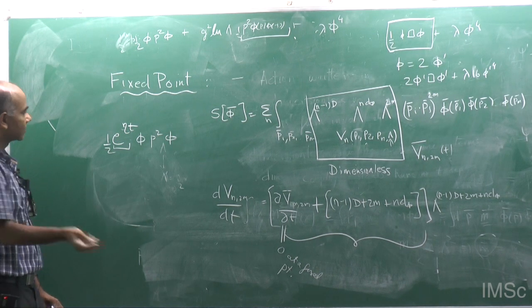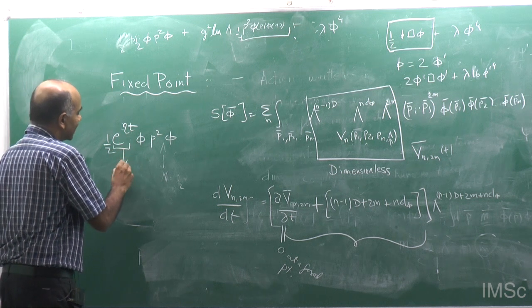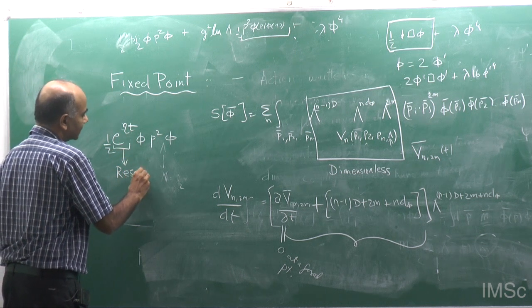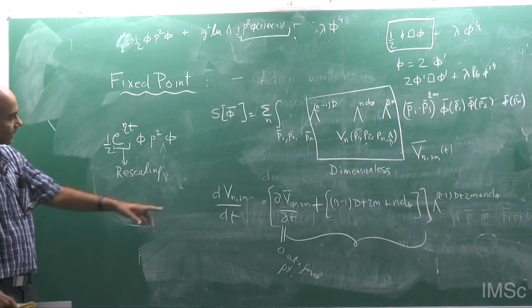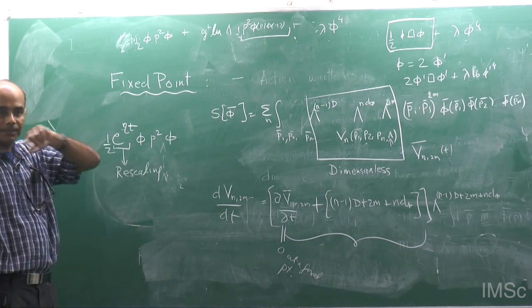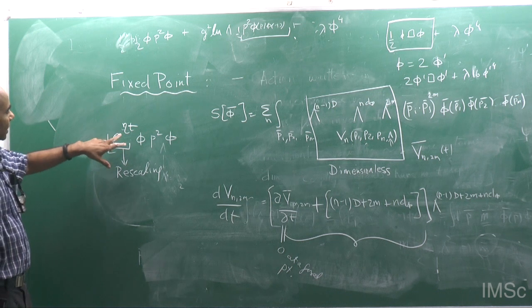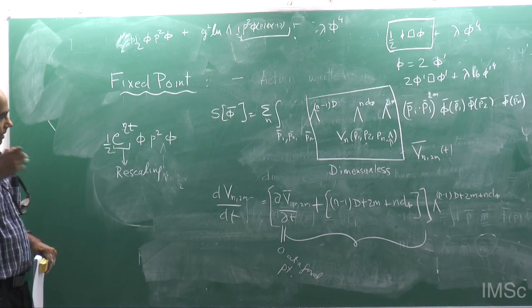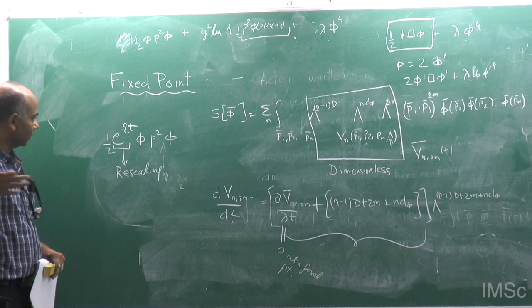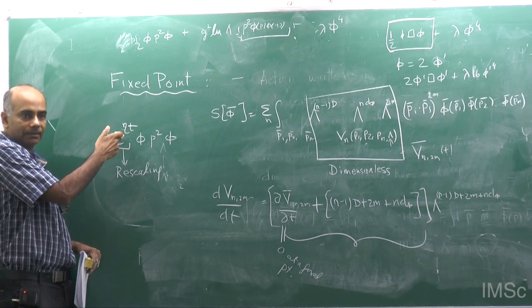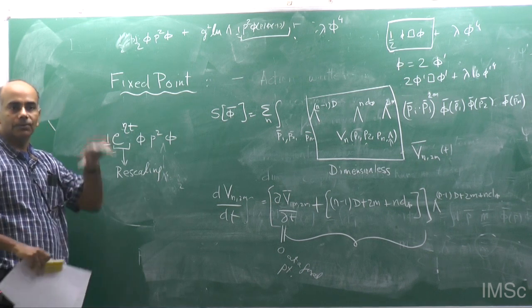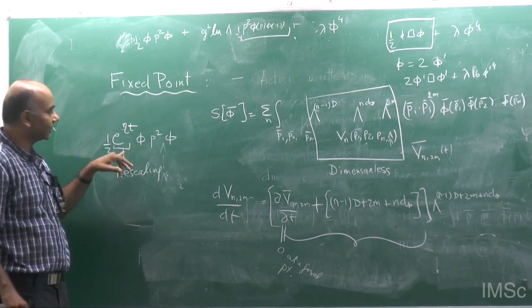Okay, so this requires a rescaling. That's a famous wave function rescaling that people do when you renormalize. But here that's crucial to see the fixed point nature. So when you write down the RG, you have to build into it the fact that you're going to do this rescaling. And when you do that, you will go nicely to that fixed point.